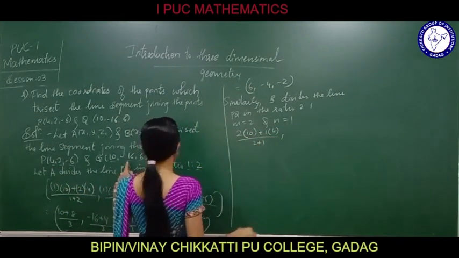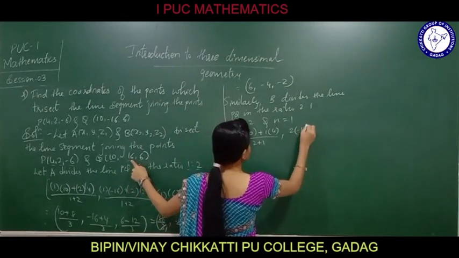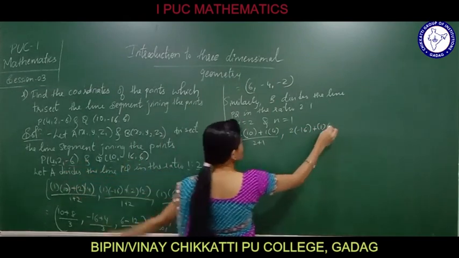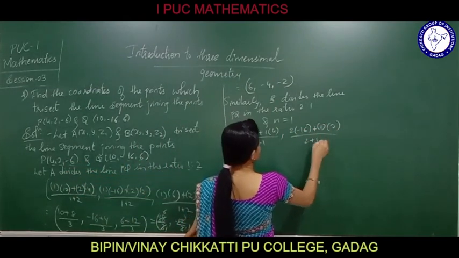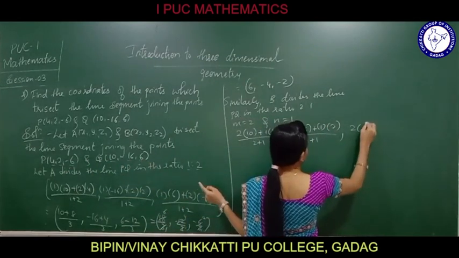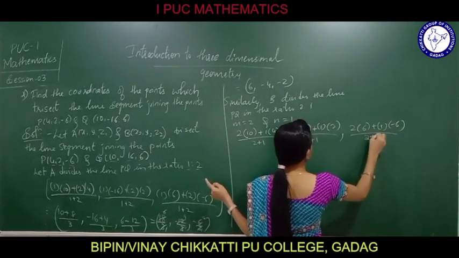Next we have m as 2 into y2 is minus 16 plus n is 1 and y1 is 2, divided by 2 plus 1. Again 2 into z2 is 6 plus 1 into z1 is minus 6, divided by 2 plus 1.